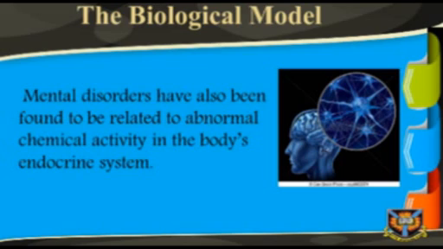The glands release chemicals called hormones into the bloodstream, and these chemicals then propel body organs into action. During stress, for example, the adrenal glands located on top of the kidneys secrete the hormone cortisol. Abnormal secretions of this chemical have been tied to anxiety and mood disorders.